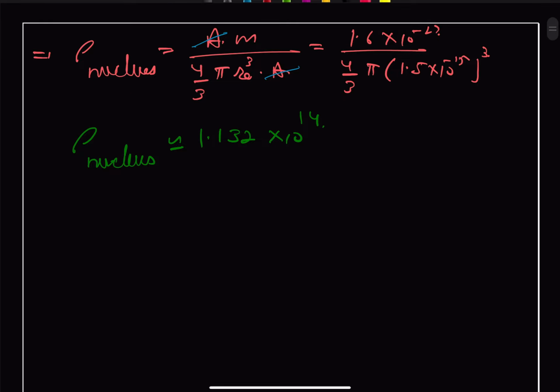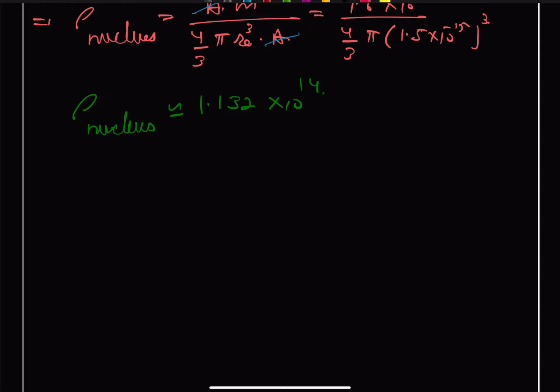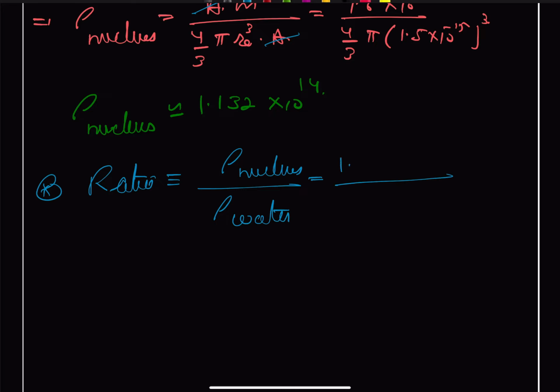Now we can find out the ratio which we are required to ultimately solve for. Therefore, ratio is density of nucleus by density of water. So this comes as 1.132 into 10 to the power 14 divided by 10 to the power 3.